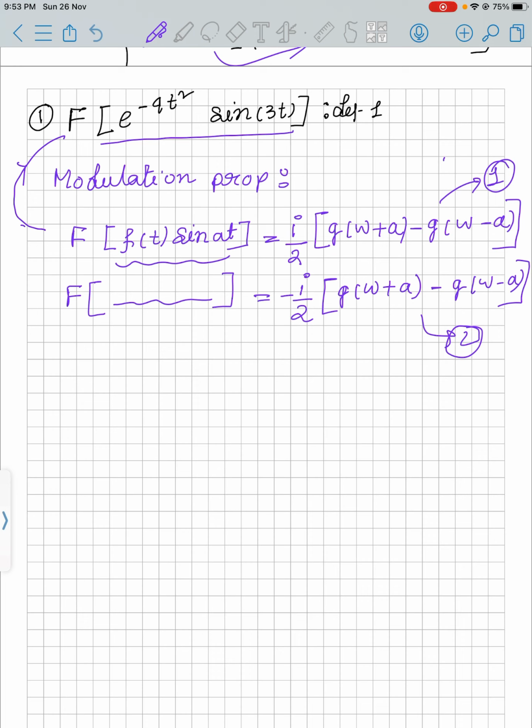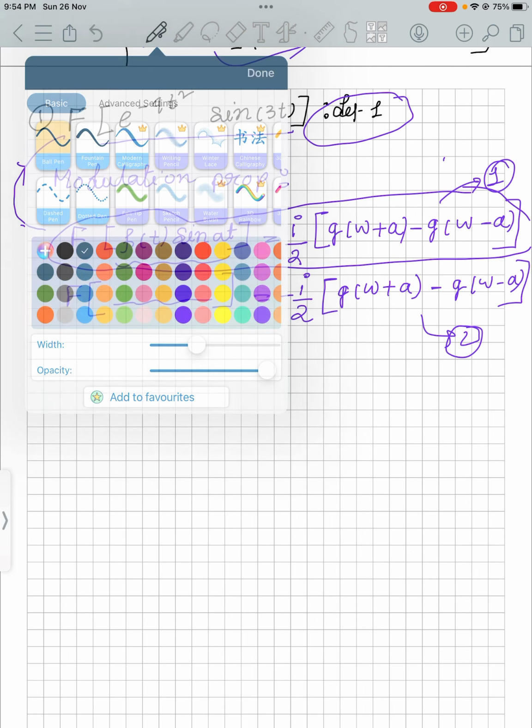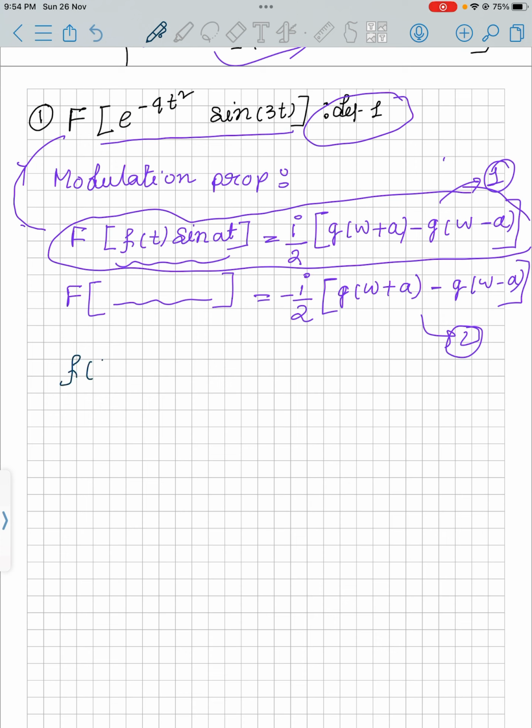So we have to use definition 1, so this formula. Okay, so here in our question, if f(t) is say e to the power minus 4t square, and sine 3t is what? Sine at.